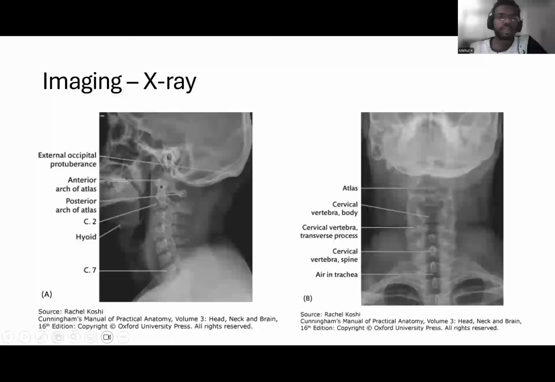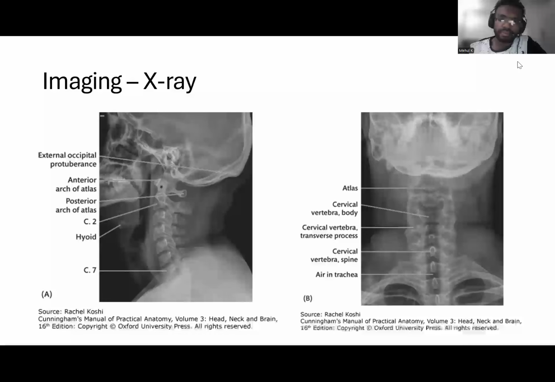So coming to imaging, even though I mentioned the X-ray here, most of the time X-rays are not the definitive way to clear the C-spine. Why? Because the sensitivity of an X-ray of the cervical spine for cervical spine injuries is around 45%. So unfortunately, that is not good enough, and that pales in comparison to the sensitivity of a CT scan.